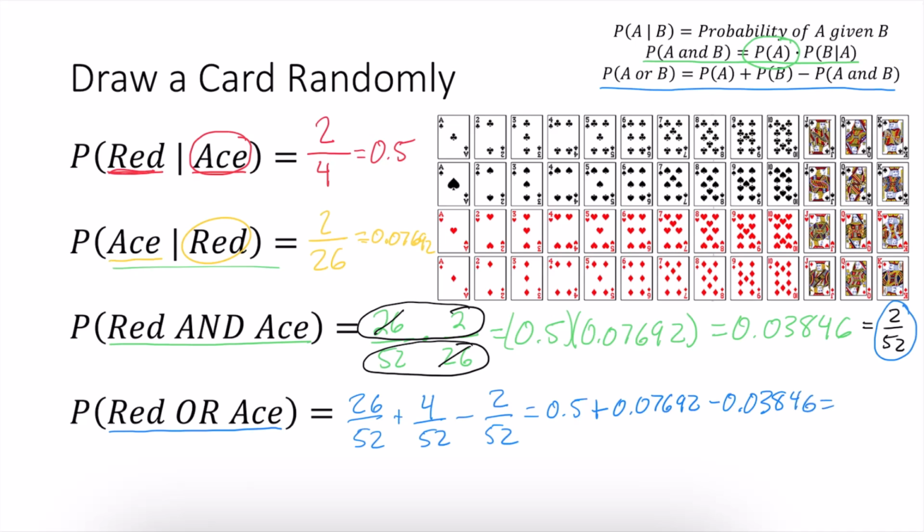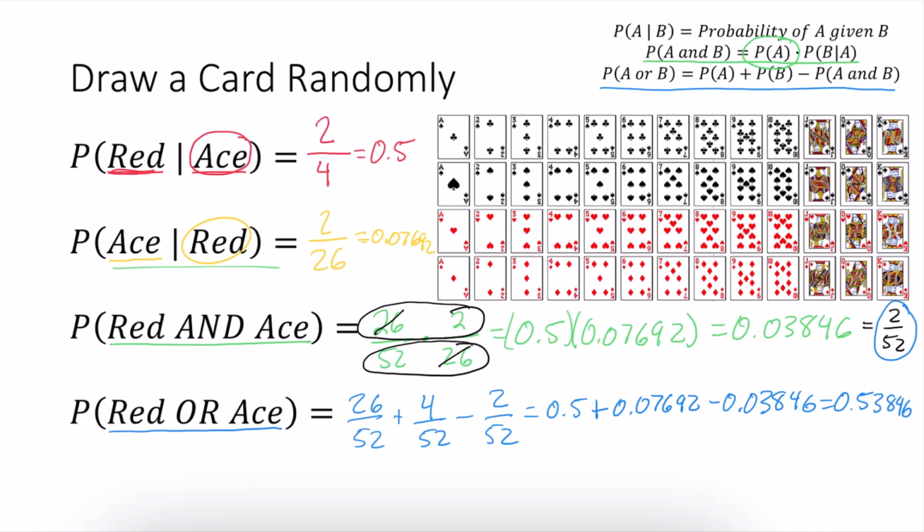And when you add those together, 0.5 plus 0.07692 minus 0.03846, that ends up equaling 0.53846. So that would be the probability of choosing a red or an ace.